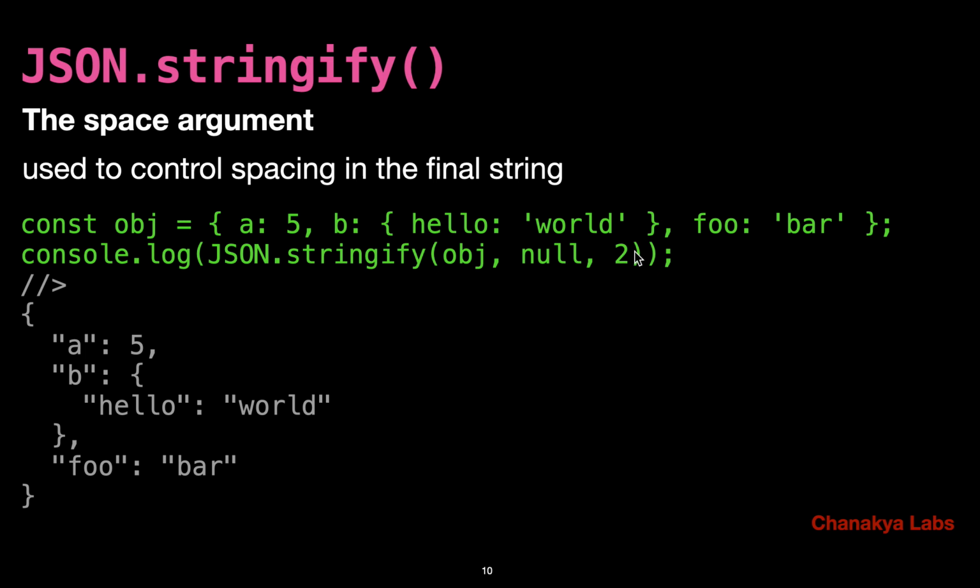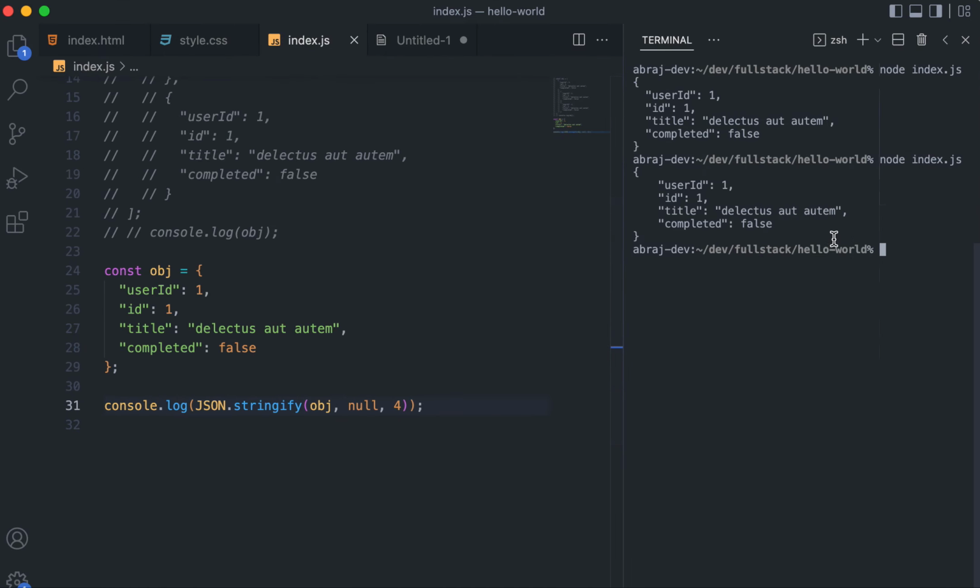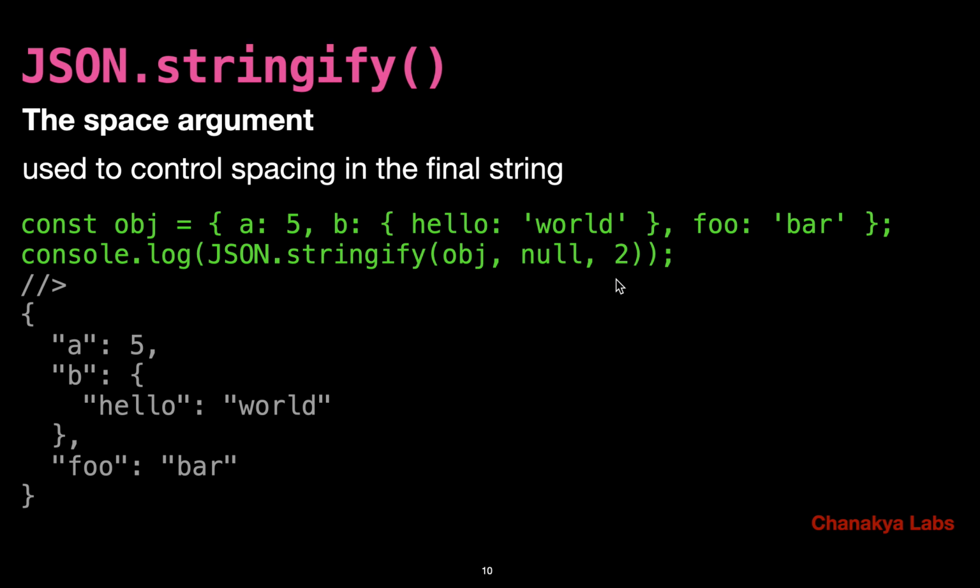One more thing: if this is a number, let's say 2 or 4, then it means that many spaces are needed. However, the spacer argument can be a string also. So instead of the number 2, you can pass a string, and whatever string you pass is used as the spacer.